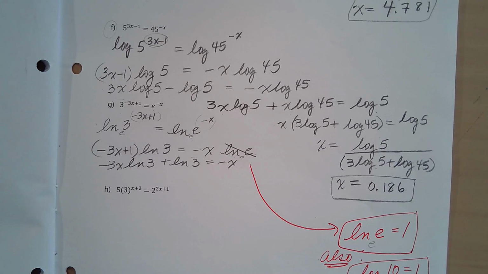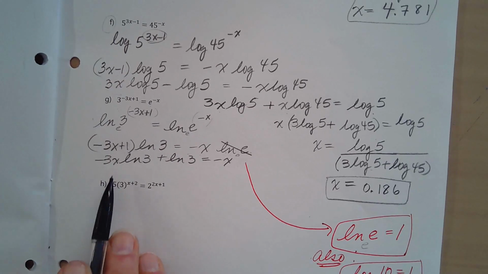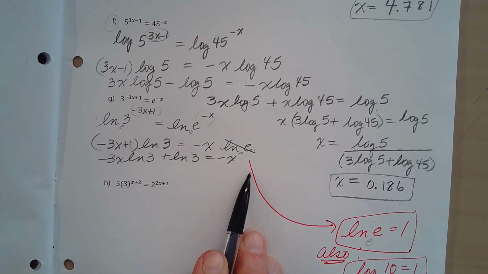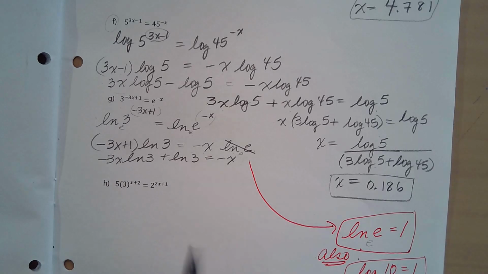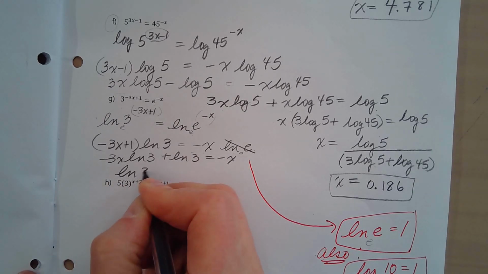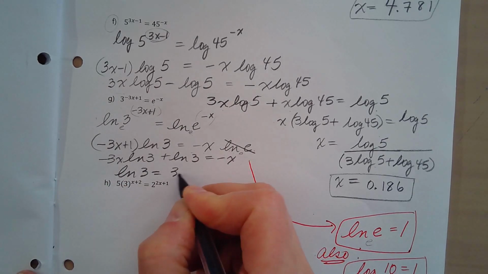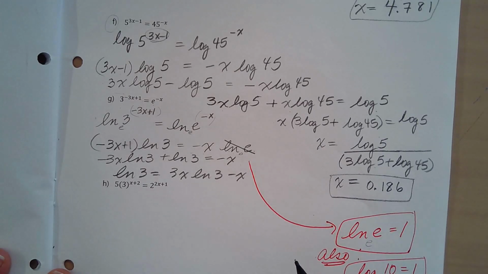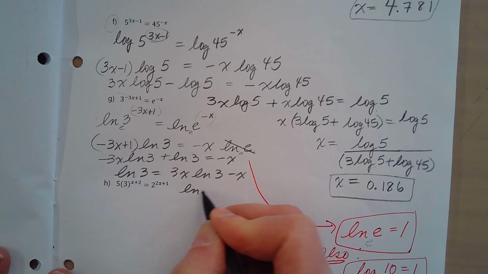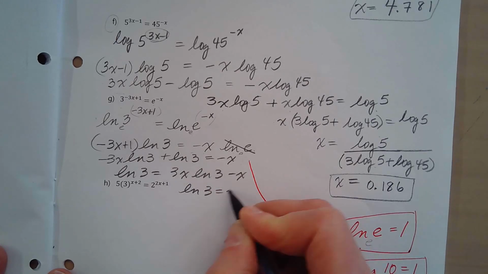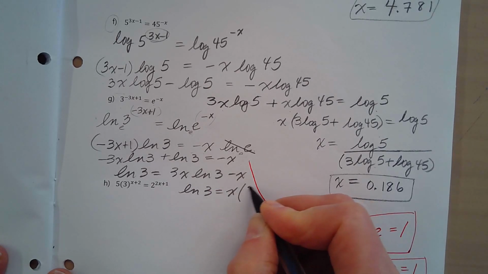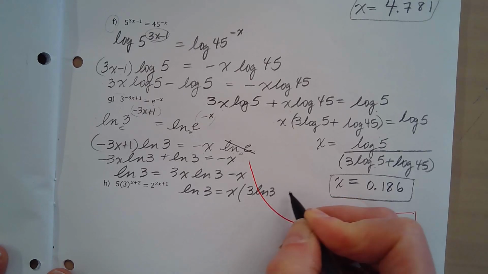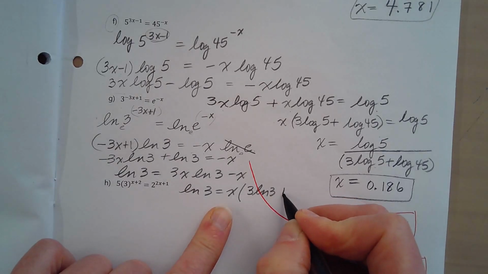Do you want me to leave the x's on the left or the right? Right? Okay. So ln of 3 equals 3x ln 3 minus x. So I can factor an x out, and that leaves me with 3 ln 3 minus 1.